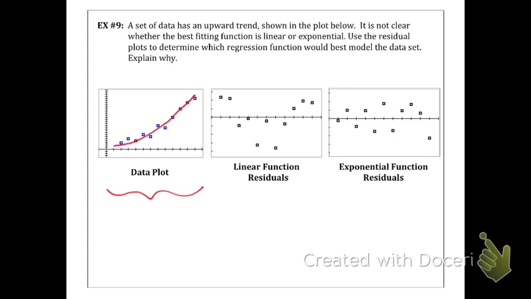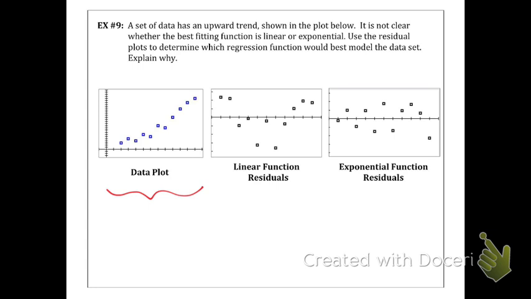Okay, so they ran both of the regressions. They looked at both of the residual plots. Okay, and so which one appears to be more random? I kind of see something happening with the linear. The exponential, it's just kind of all over the place.